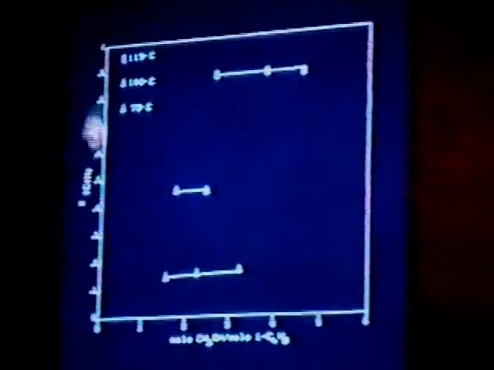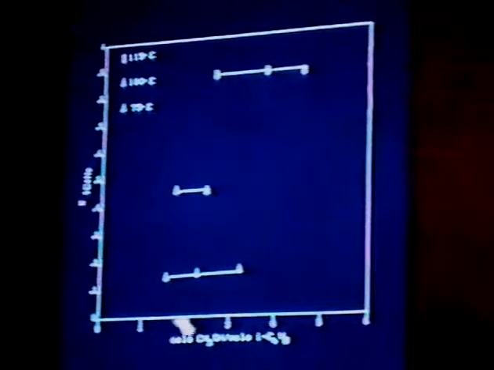This is a plot of the conversion of isobutylene versus the feed methanol to isobutylene ratio at three temperature levels, 115, 100, and 75 degrees C. As you can see, the methanol ratio had essentially no effect on the net conversion of the isobutylene or the net reaction rate, so that in effect the reaction rate is zero order with respect to the methanol.